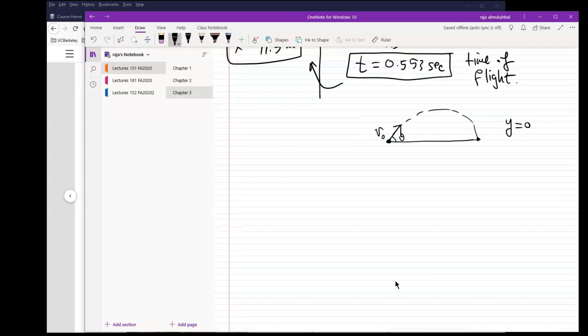However, look at this one. If I have something like this where I throw it from a height down to the ground, which is what we did, here we're starting with some height, okay? And this height, we said it's negative. Why? Because it is below the projectile, below it, remember?